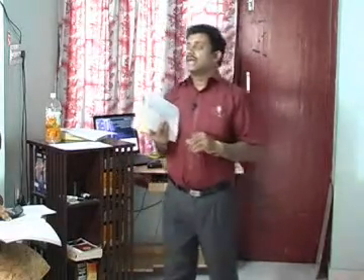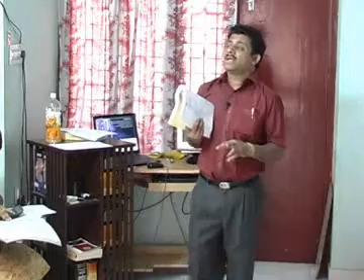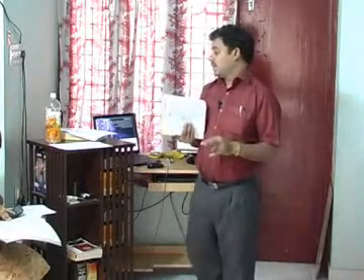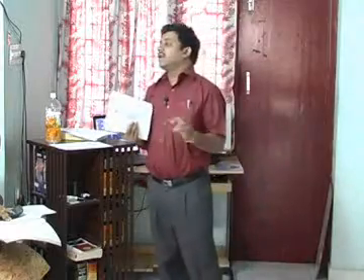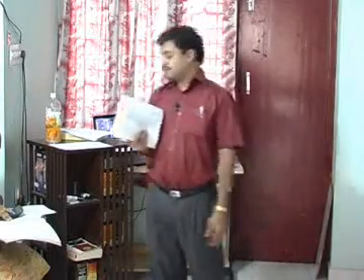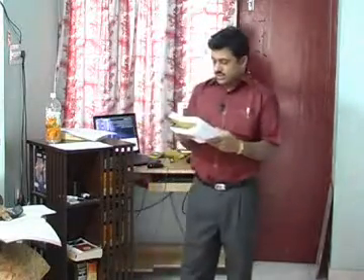Next, amount to be received in respect of application and allotment money towards general underwriting, 53,000 into 4.5. How much does 53,000 into 4.5 make?